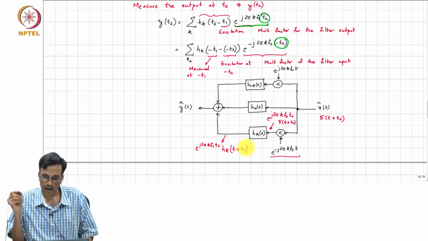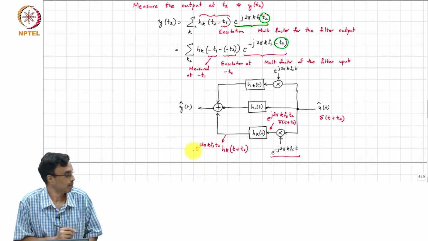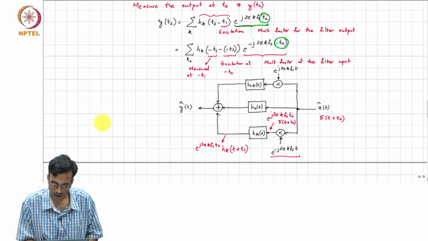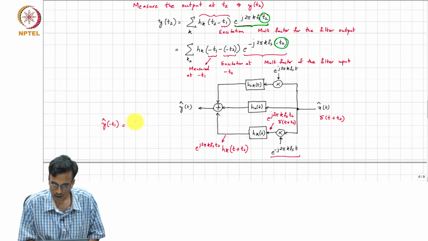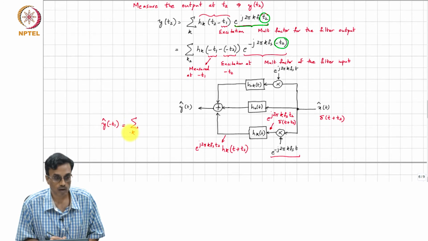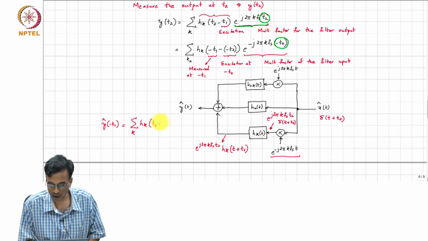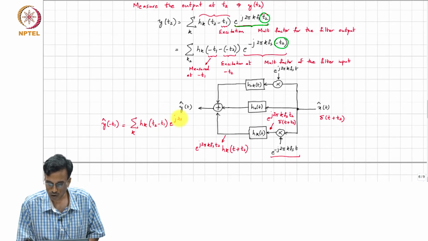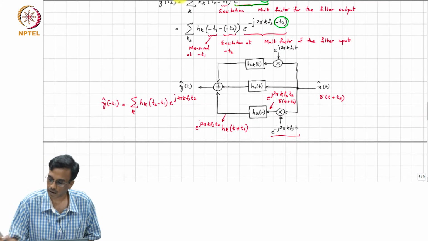And so, therefore, if you evaluate this at minus t1, y hat of minus t1 is going to be the sum over k of h sub k of t2 minus t1 times e to the j 2 pi k fs times t2, right. So, let me copy this and the earlier one.